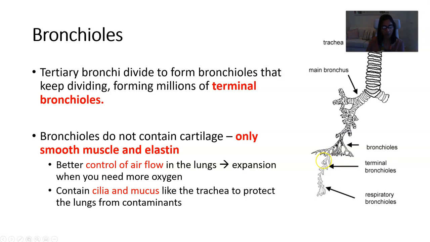They only have smooth muscle and elastin fibers, and the reason for this is because they have this elastic and contraction-relaxation property, which allows them to control the airflow going into the lungs and therefore the expansion of the lungs. Again, as a safety mechanism, the terminal bronchioles also contain cilia and mucus, and this tries to further protect the lungs from getting any dirt, bacteria and contaminants into them.